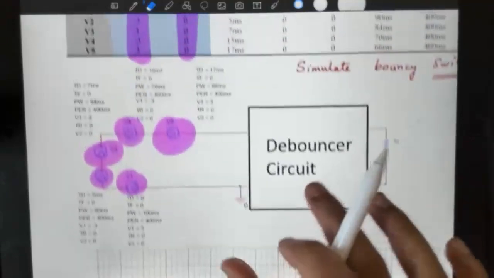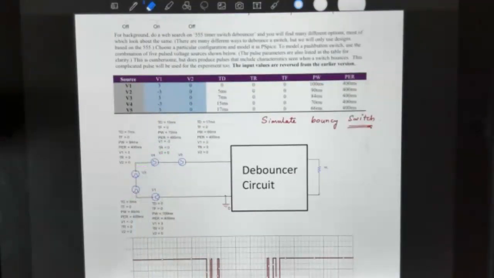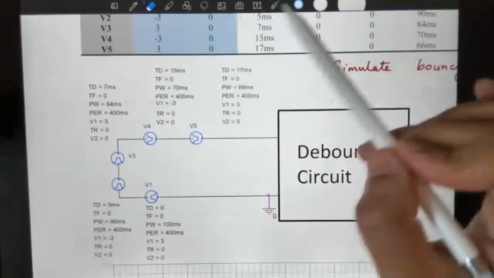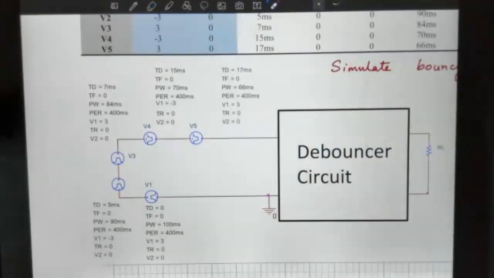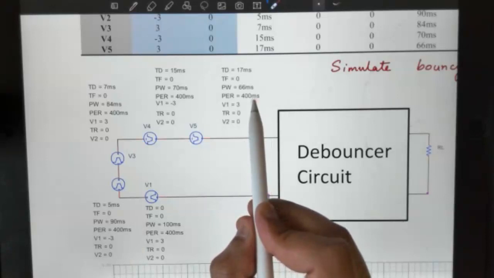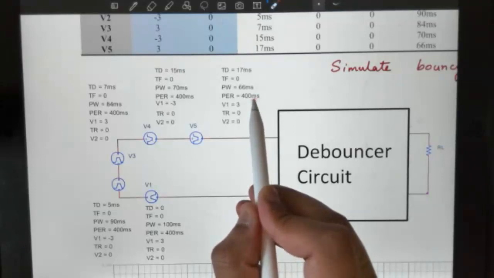There are a few things that I want to warn you about. There are many things that go wrong that I have noticed, but a few problems I commonly see when students simulate this in PSpice are mistakes like these.